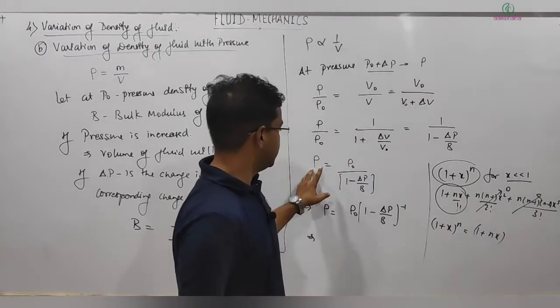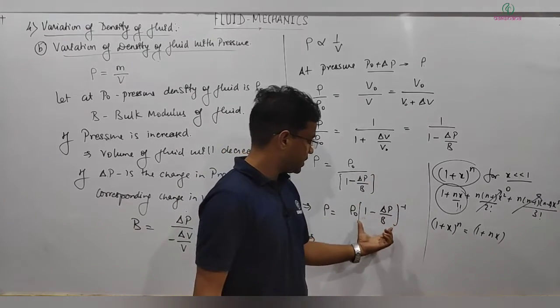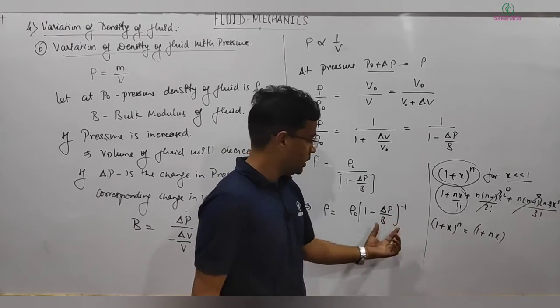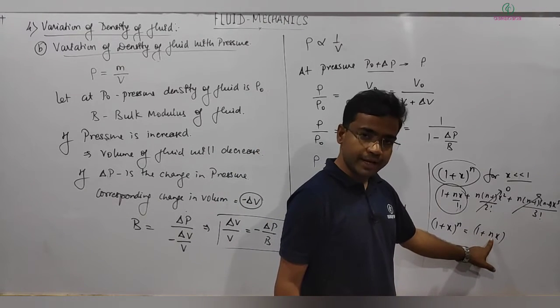So the thing is, this can be expressed in this way, because this simply has power multiplying in power minus 1, and this minus 1 will be your n, so it will be 1 plus n into x, with n as minus 1.